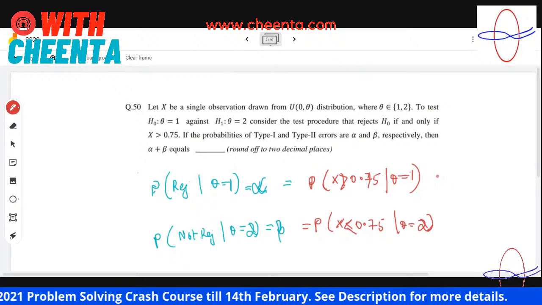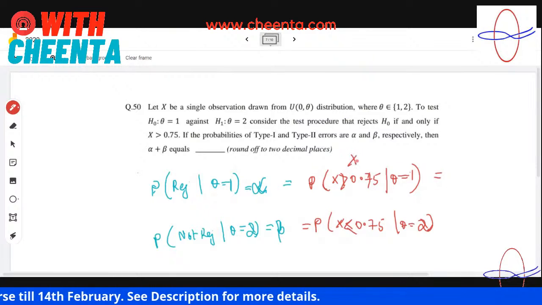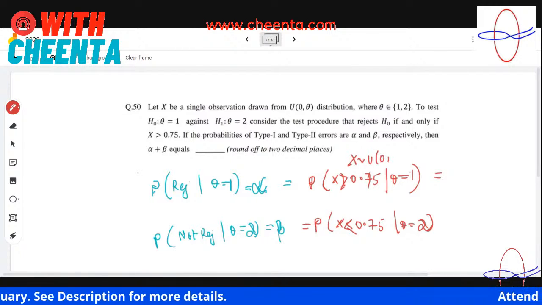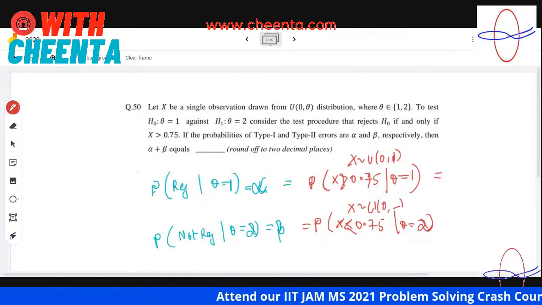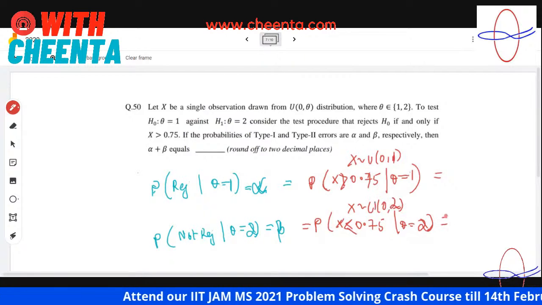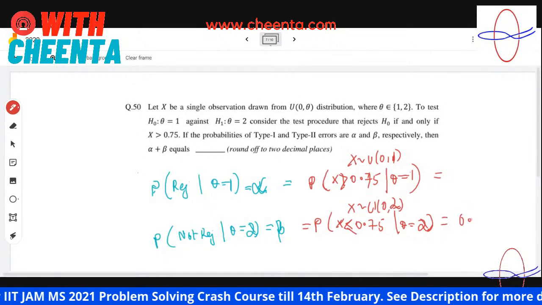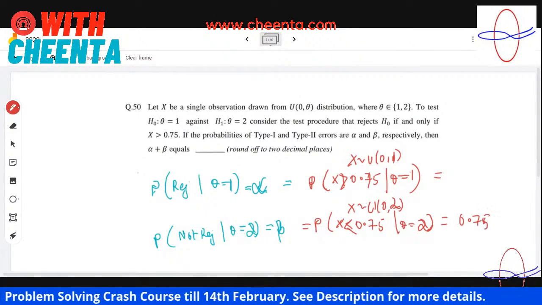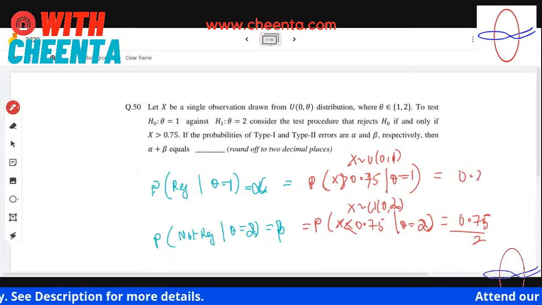Right? Just easy stuff. So x follows uniform 0 comma 1 under theta equal to 1, and here x follows uniform 0 comma 2. Therefore what do we get? It's 0.25 here, and 0.75 by 2 there.